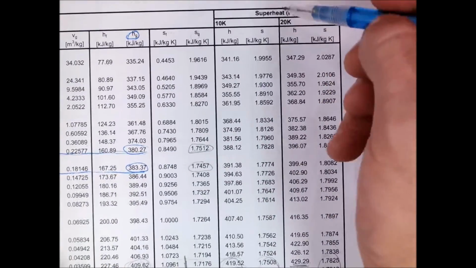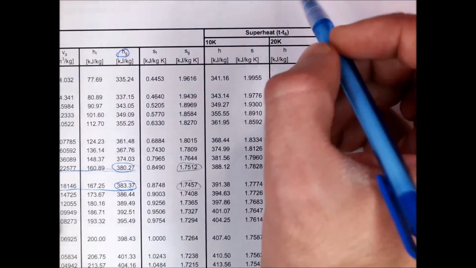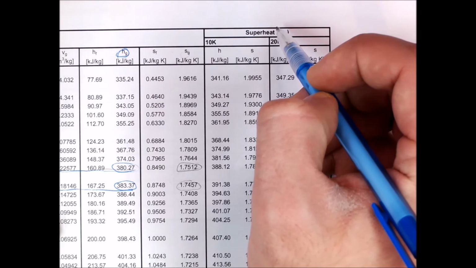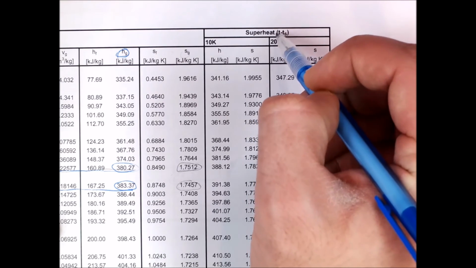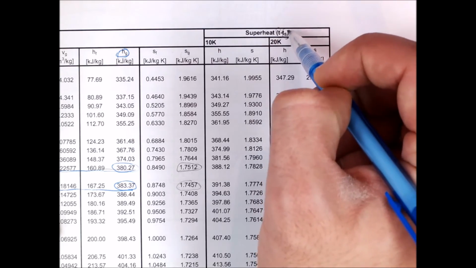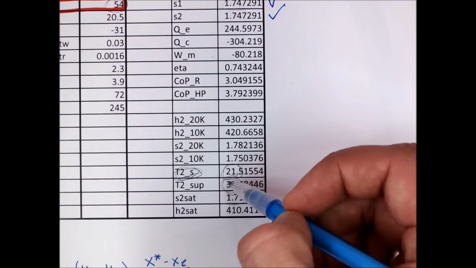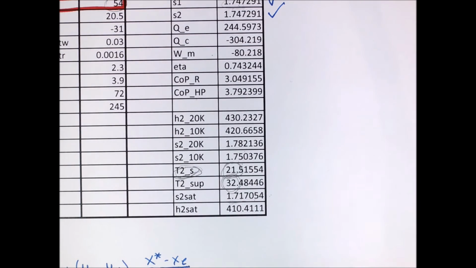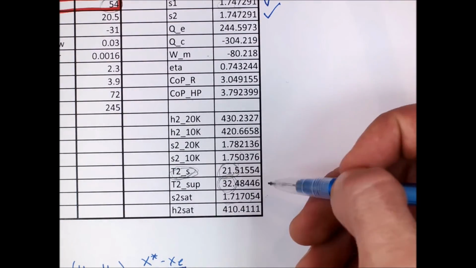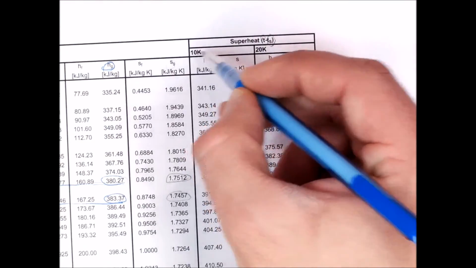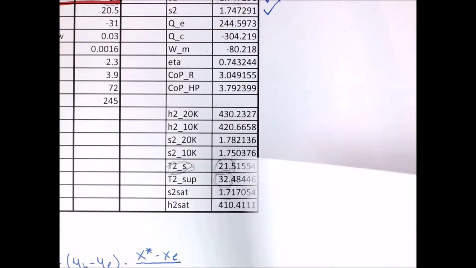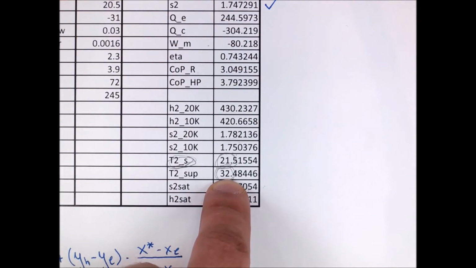Luckily, this table allows us to track precisely this superheat. This is the actual temperature minus the saturated temperature. So we know that our difference between the two is 32 Celsius or Kelvin. It doesn't matter because they go degree for degree. So let's take this as 32 Kelvin of superheat, because we have 10 Kelvin, 20 Kelvin in the table.